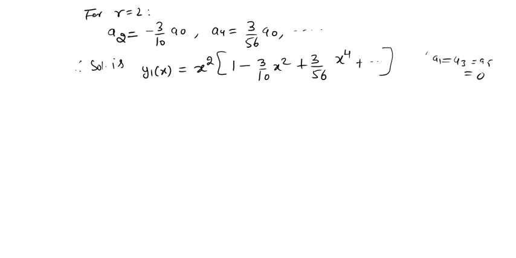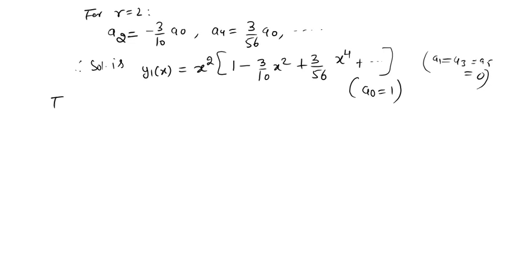So we can write the solution for r equal to 2, and I have taken a0 equal to 1. So you got one solution. Now let me check the second.